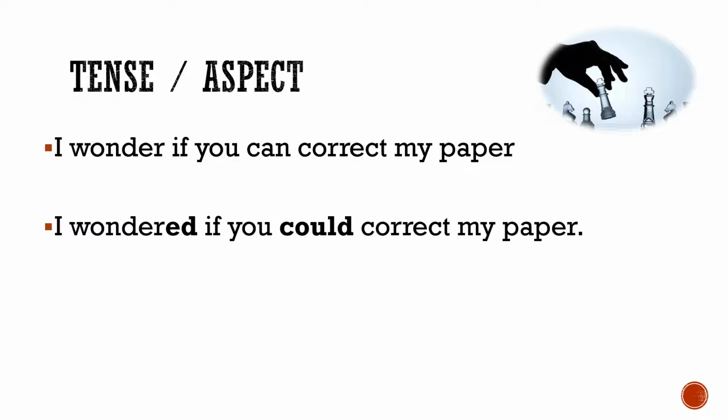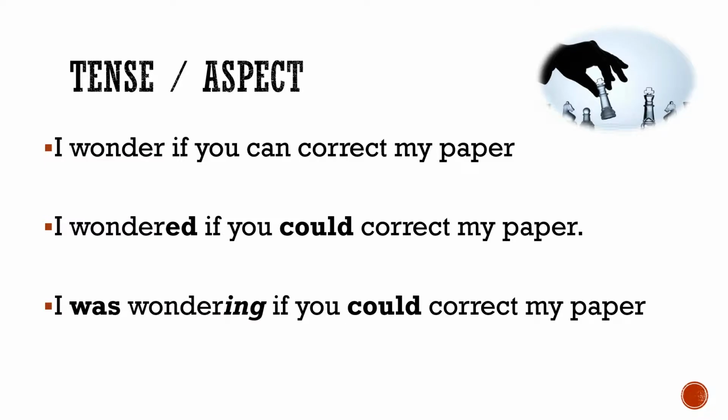We can change this to be, "I wondered if you could correct my paper." We can also change the aspect. And by using the progressive aspect, we can make it more polite still. "I was wondering if you could correct my paper." So this is one way you can modify the question to make it even more polite.